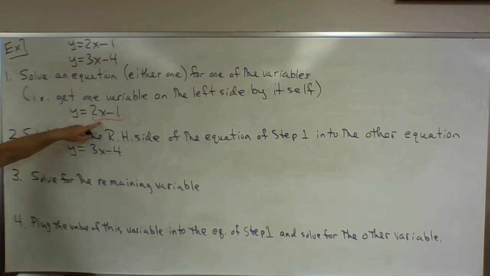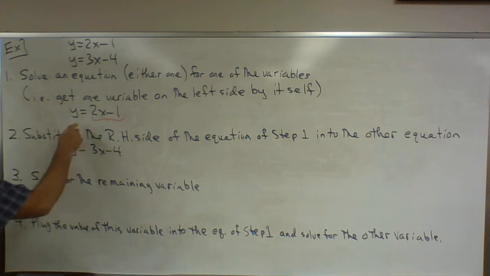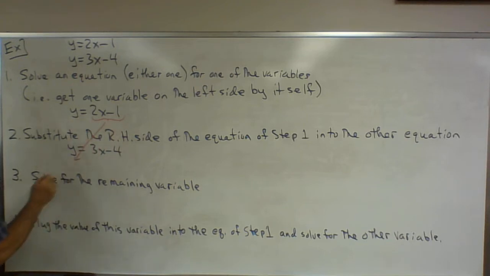We're going to take the right-hand side of the equation in step one and plug it into the other equation. So 2x minus 1, this is what y equals. We're going to substitute this into that equation. Instead of writing y here, we're going to take what y is equal to, 2x minus 1.